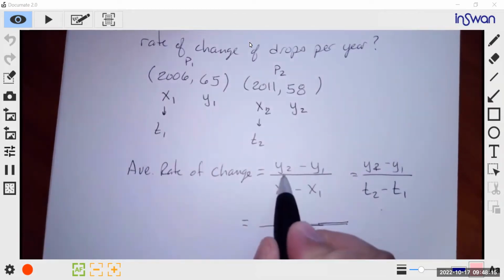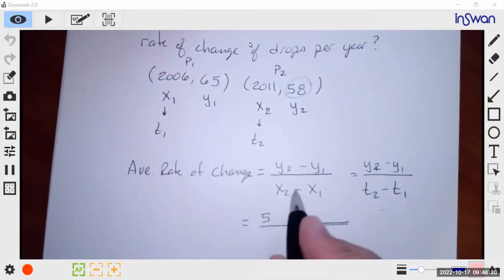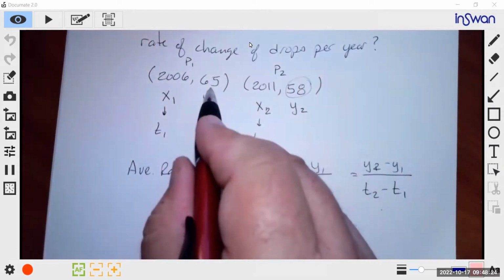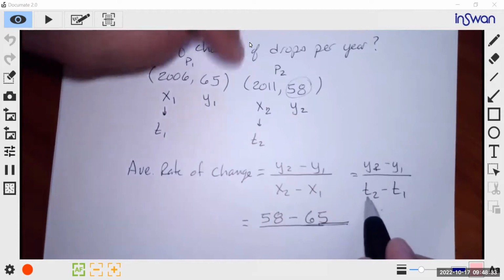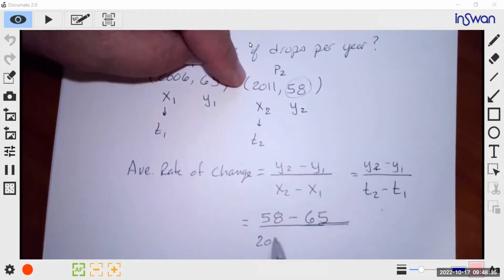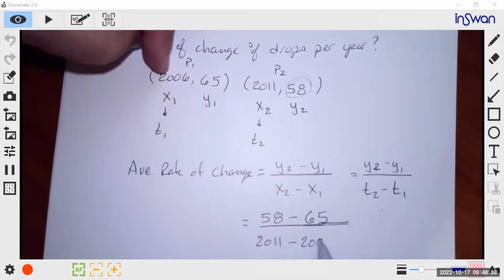What is y2? 58. The y component of the second point is 58, minus y1, the y component of the first point, which is 65. Time 2 is 2011 minus time 1, which is 2006.